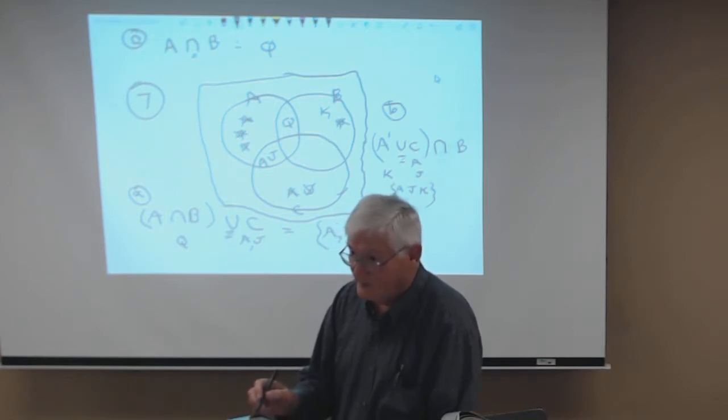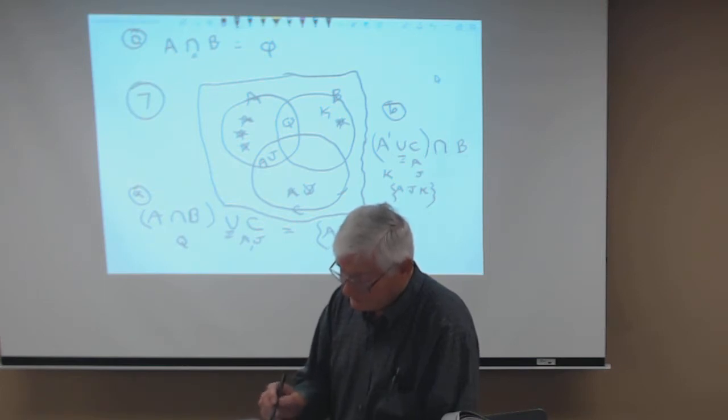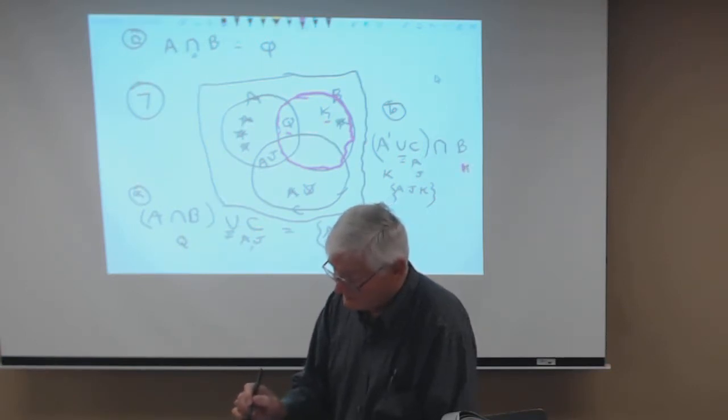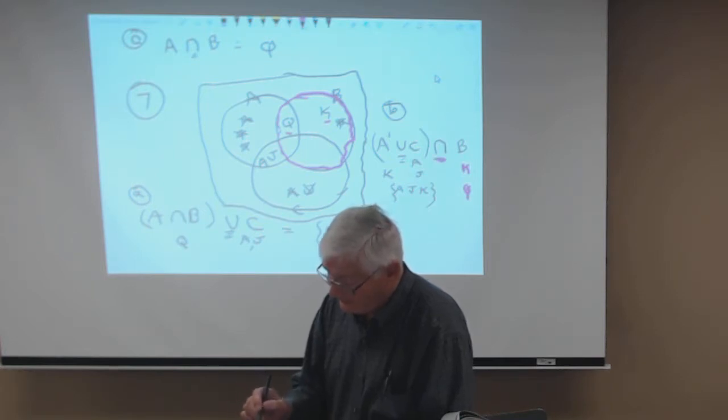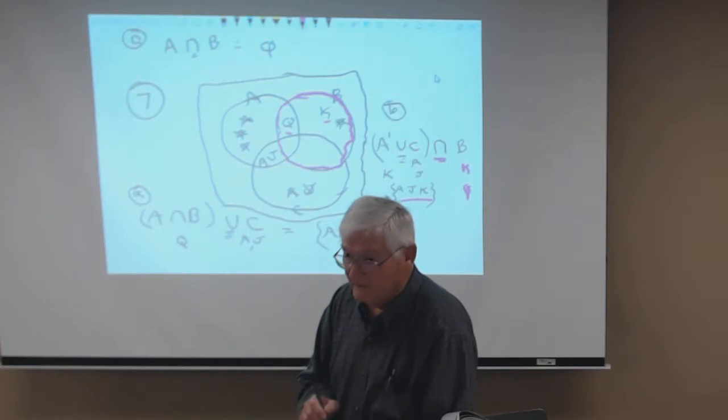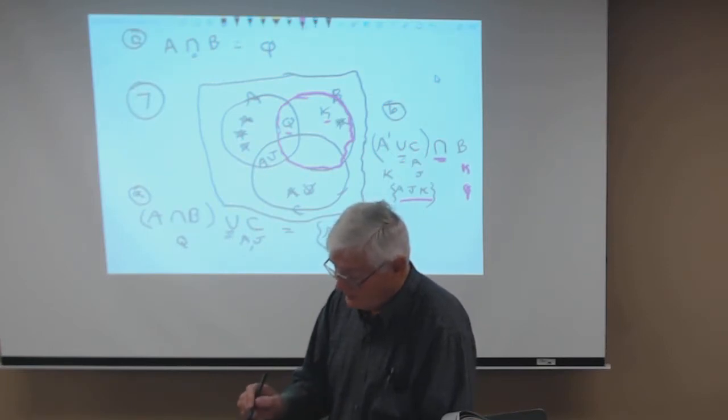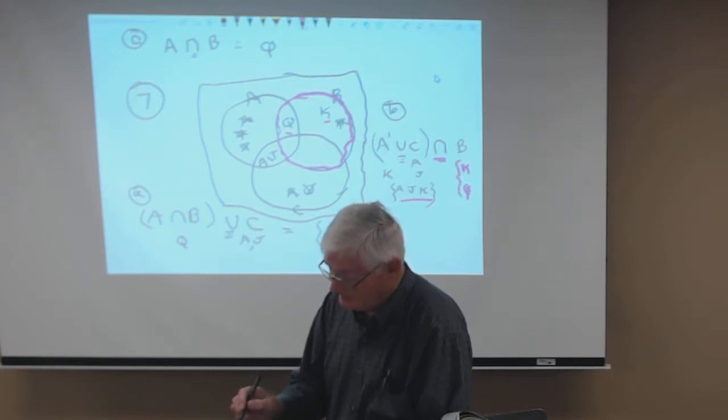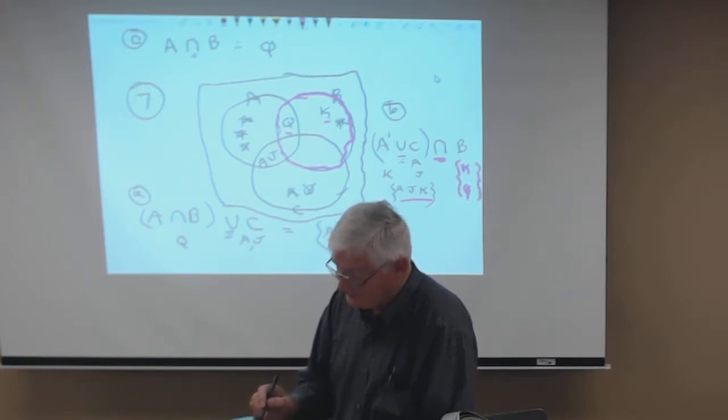Everybody follow that? What's in set B? Look at set B. Here's set B. What's in set B? King and queen. Now, where does king and queen intersect with ace, jack, king?